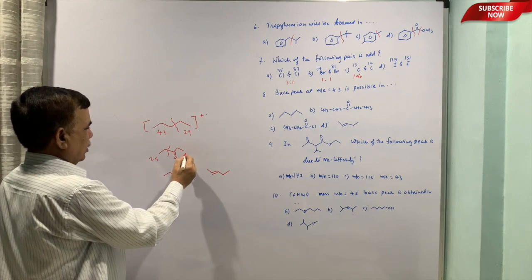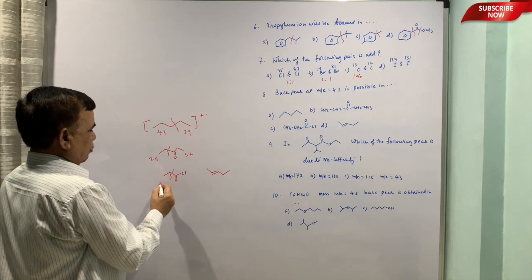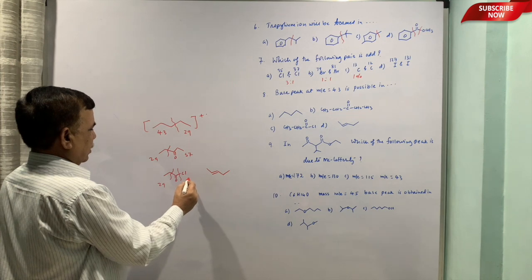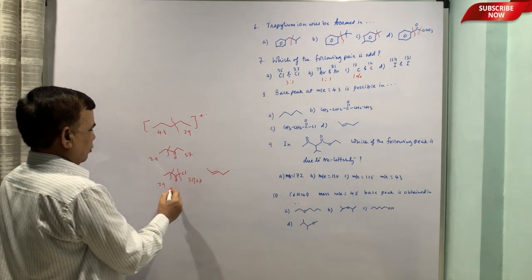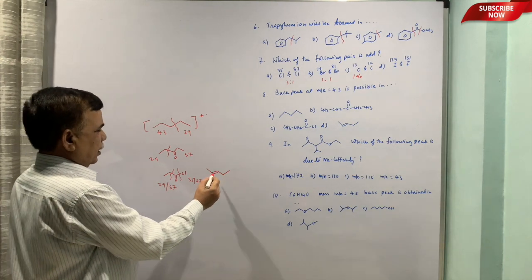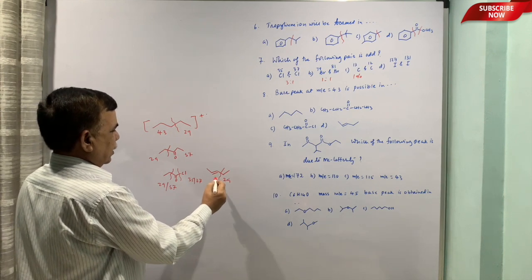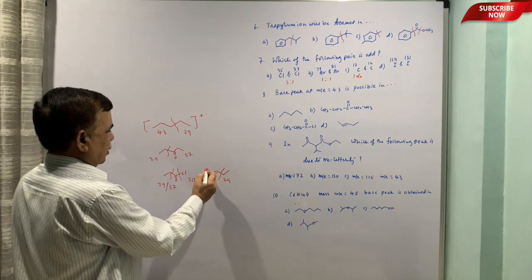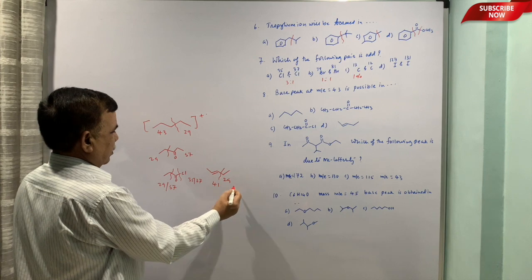This is going to be 57, I think. Here also 29; if it breaks here, this is 35 or 37, and this is going to be 57. And here, this is more likely 29, and the other part is going to be 41, 29.